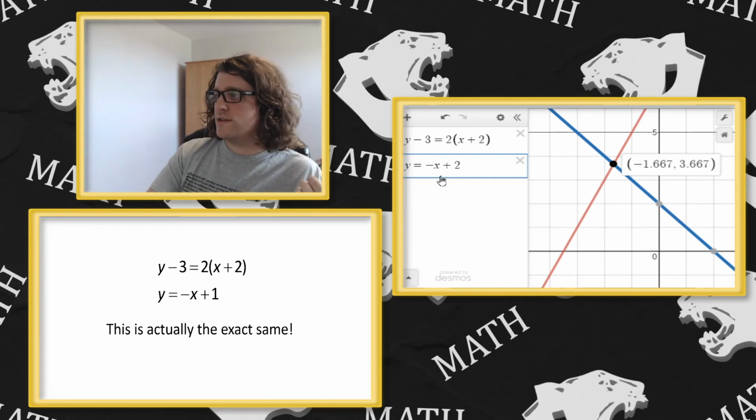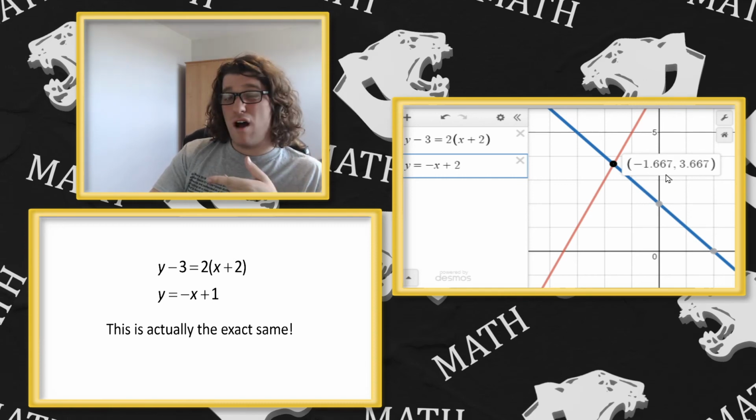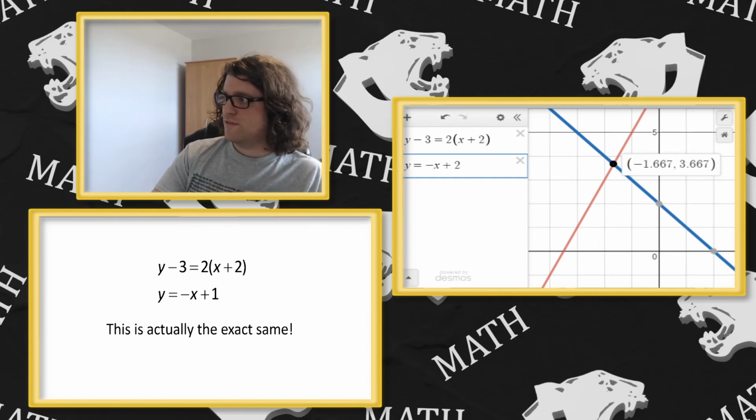You could pause and try those, and you should get this as your point if you do it. So you should get a fraction for both the x value and the y value. That would be negative 5/3, and this one would be 11/3. And so if you get those, you're in really good shape, or you could get decimal values, and that would be okay too.